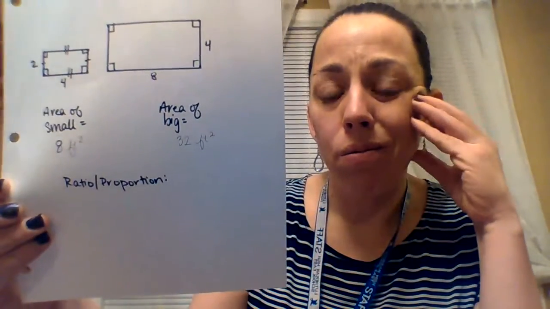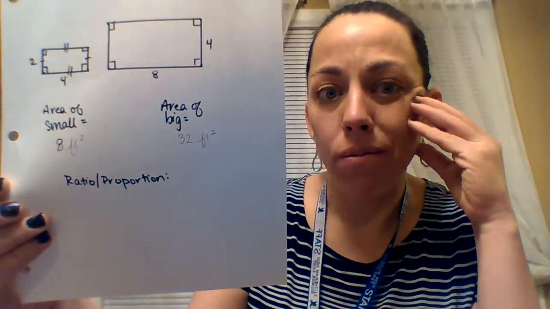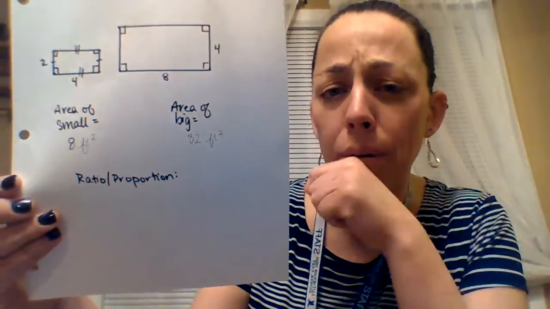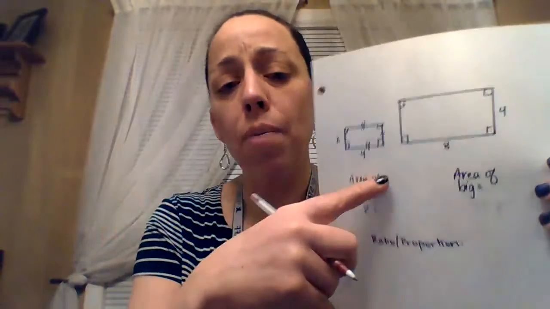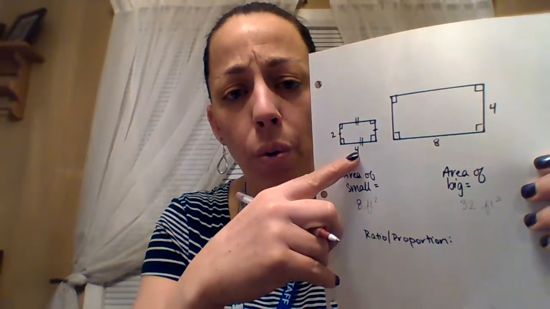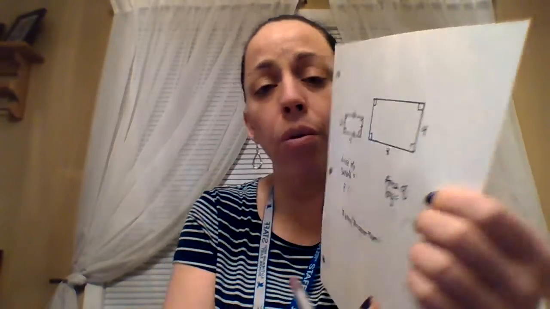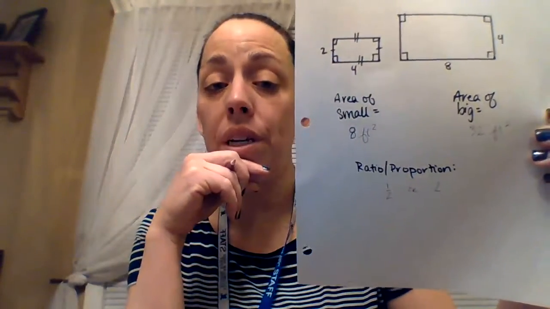Now, you know, 8 gets multiplied by something to get to 32. But I want to look at something else. Would you look up here and tell me, if I did 4 times what would equal 8 and 2 times what would equal 4? We don't get to use the same thing for area, and I'll explain why here. So there's 2 things we could say.